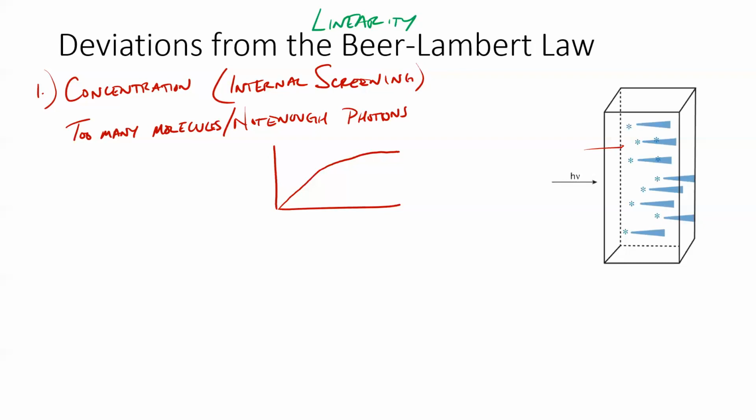Remember, our light is traveling in a collimated beam, and so there's no movement up and down in our sample, right? Our light is traveling in straight lines. It's not traveling like this anymore. And so if one molecule in front absorbs, then that molecule behind is left without a photon to absorb.